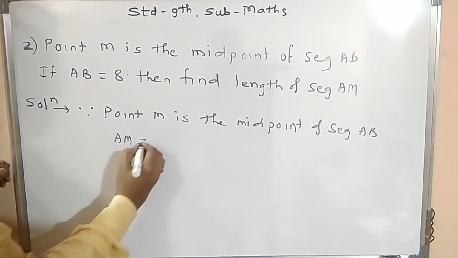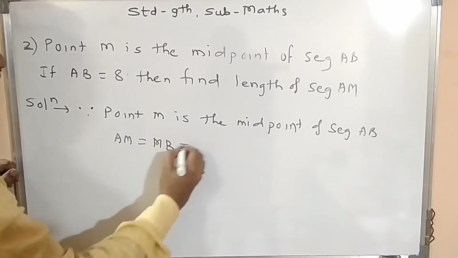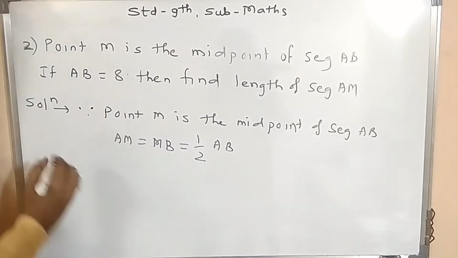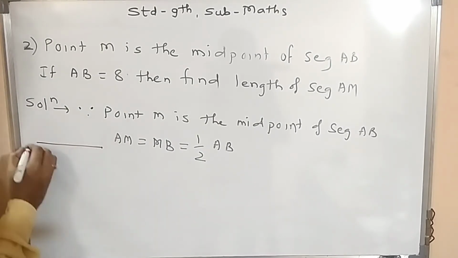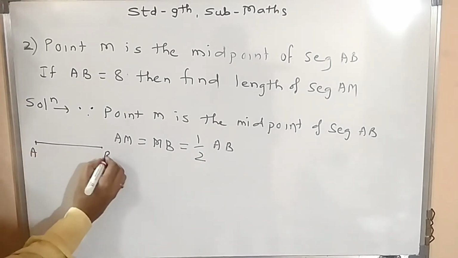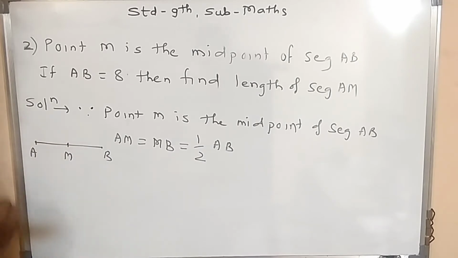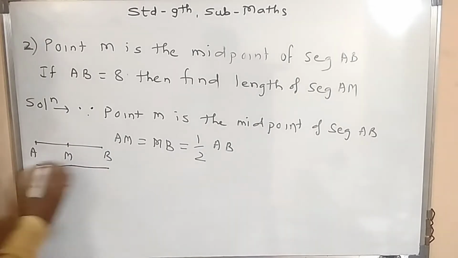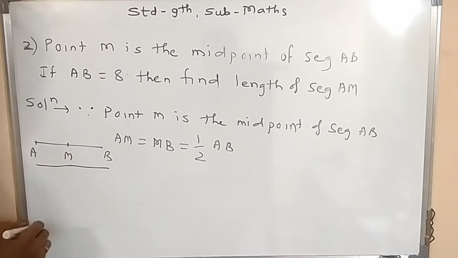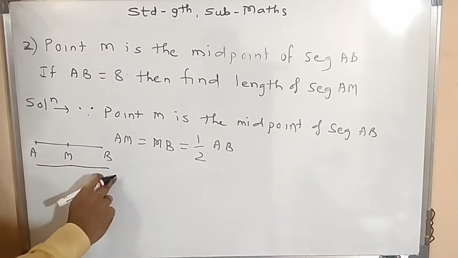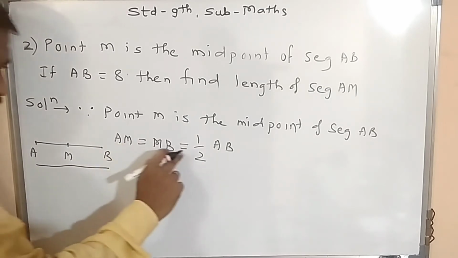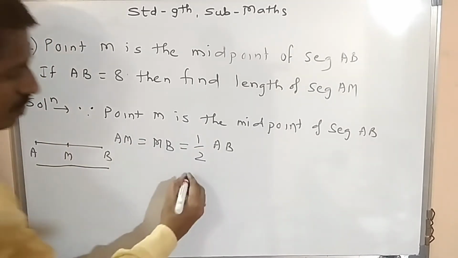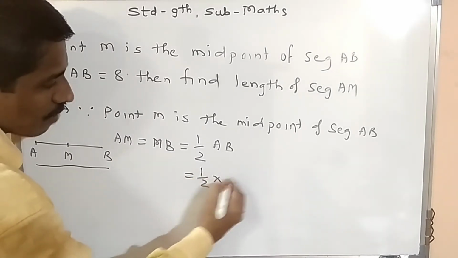AM is equal to MB, which is equal to half of AB. Look at the figure. Suppose this is segment AB. If M is the midpoint, then segment AM and segment MB are congruent segments. The lengths are equal, and that is equal to half of the whole segment AB. That is equal to half of 8.